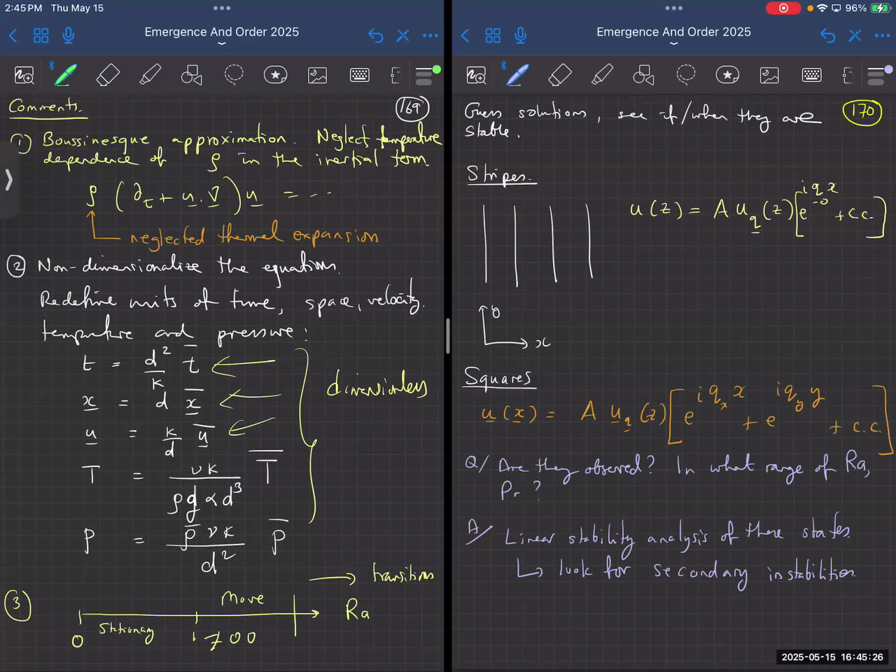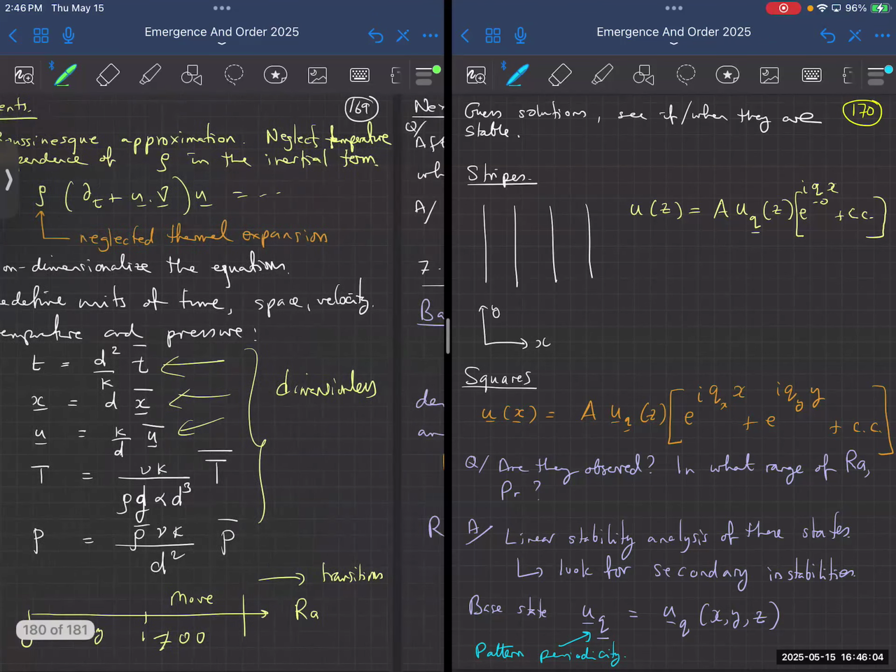So the base state is the state u_q, which is some function of x, y, and z, and so this is the state that is the pattern periodicity. Okay, so that's the problem.